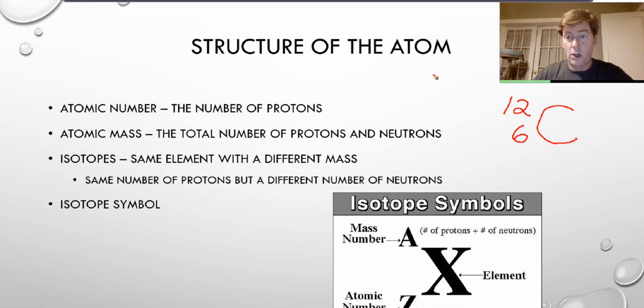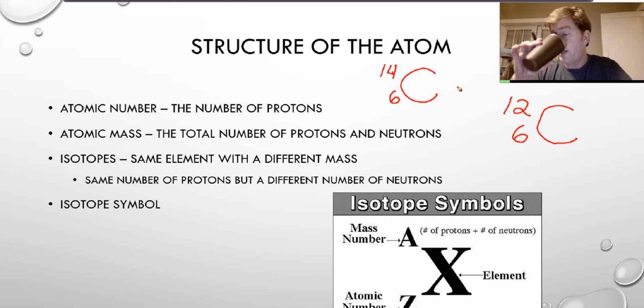Now, this mass of 12 would be 6 protons, right, and 6 neutrons. No, the electrons don't add up for mass. Some carbon atoms have 6 protons, but they have 8 neutrons, and that gives them a mass of 14. So we write the isotope symbol like this, and we talk about carbon 12, or we talk about carbon 14. So that's how we identify these isotopes. And it turns out that carbon 14 does happen to be radioactive.